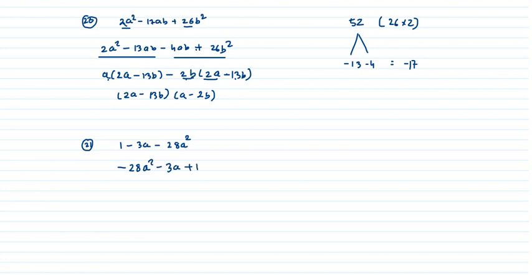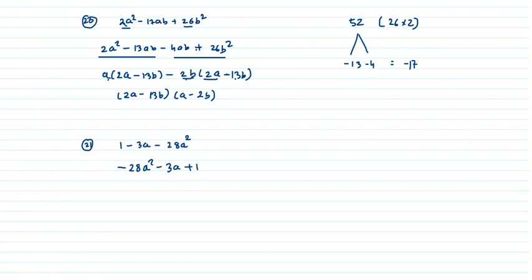I have just written the same value in the other order. Now 28a square carries the minus sign, you have to mention the minus sign, that is the main thing. Then minus 3a, and plus 1 already has a positive sign.